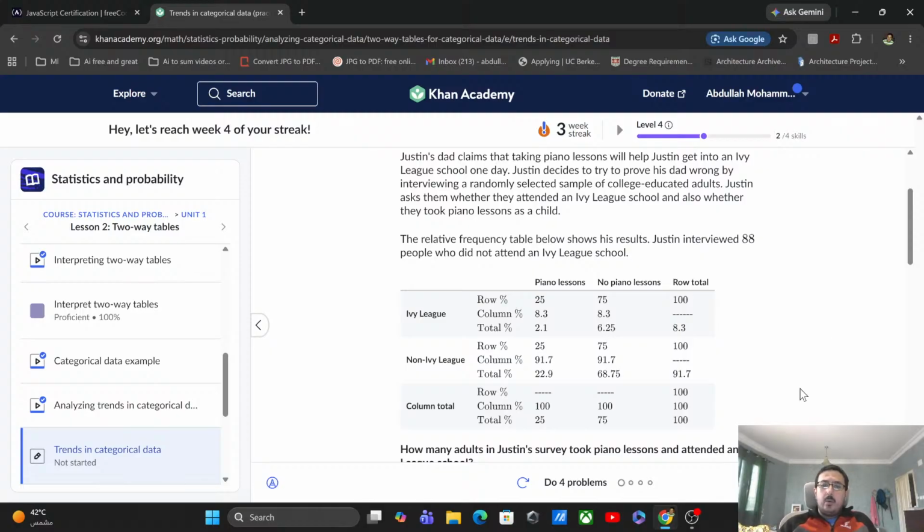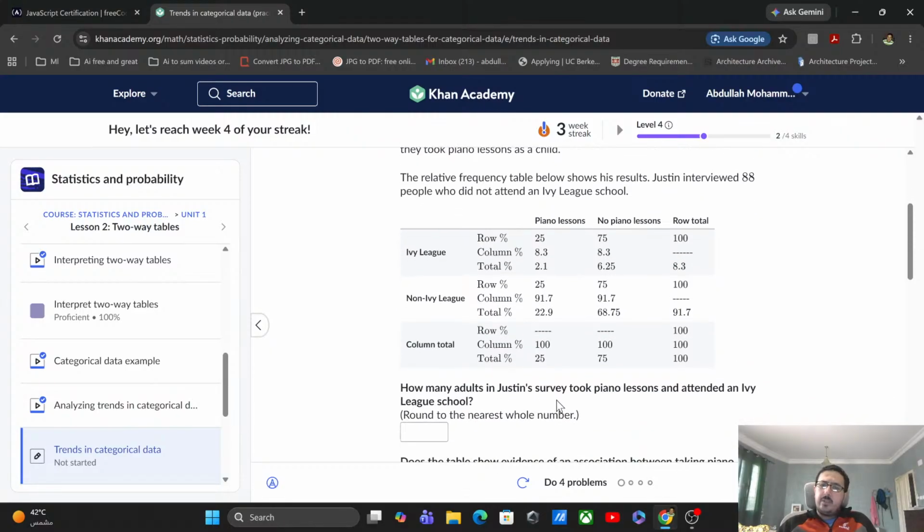The question again: how many adults in Justin's survey took piano lessons and attended an Ivy League school? Piano lessons, 2.1%.